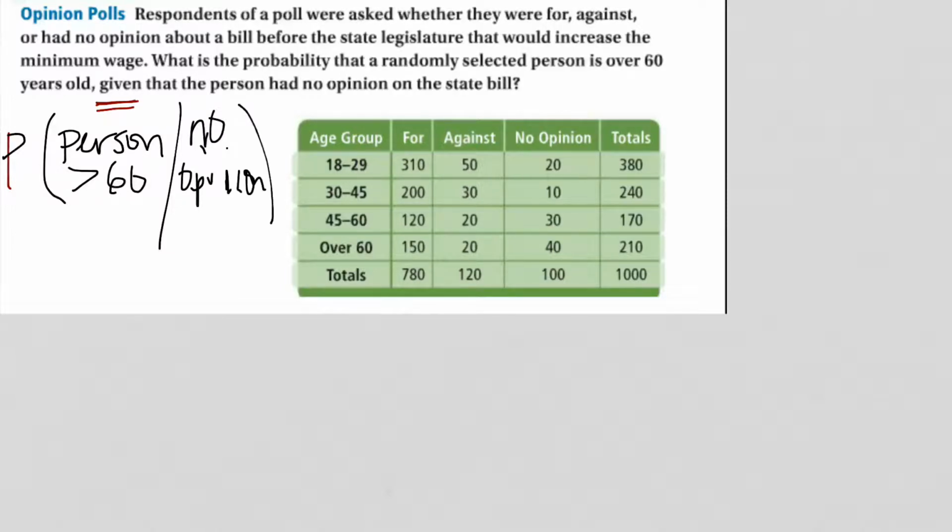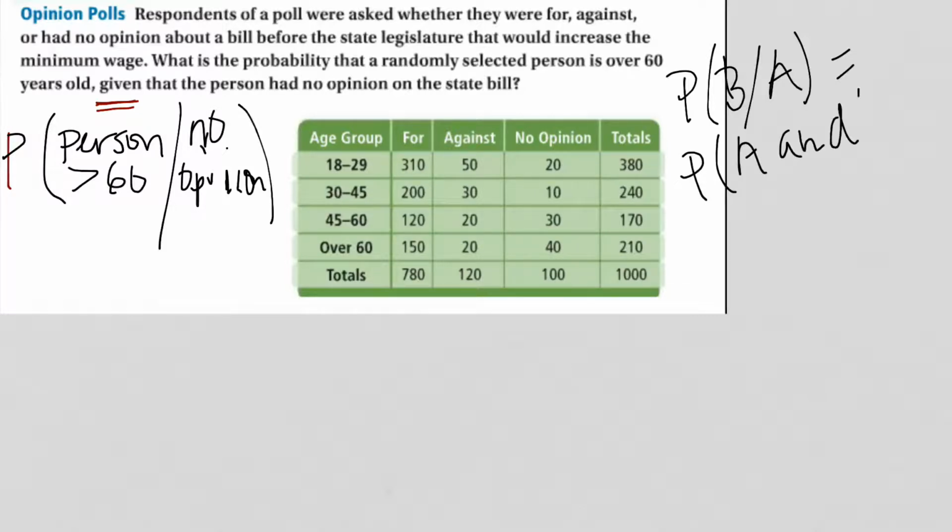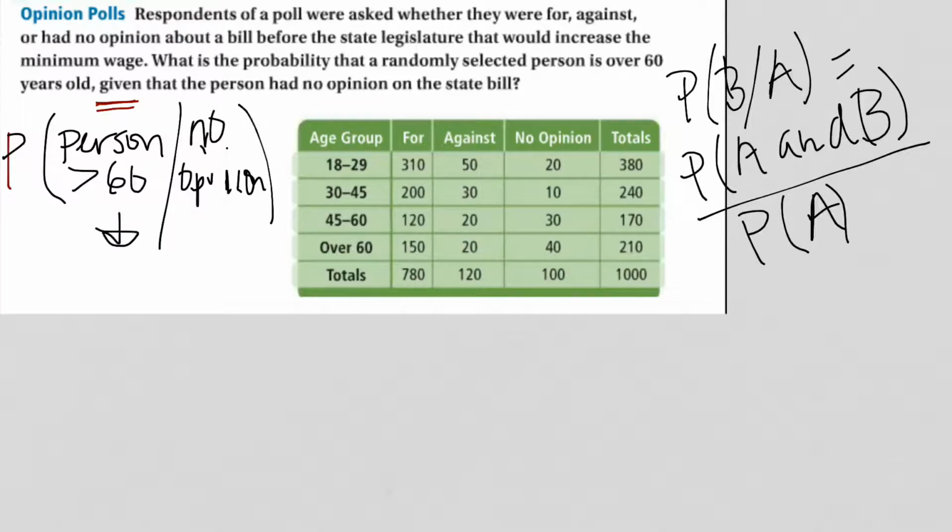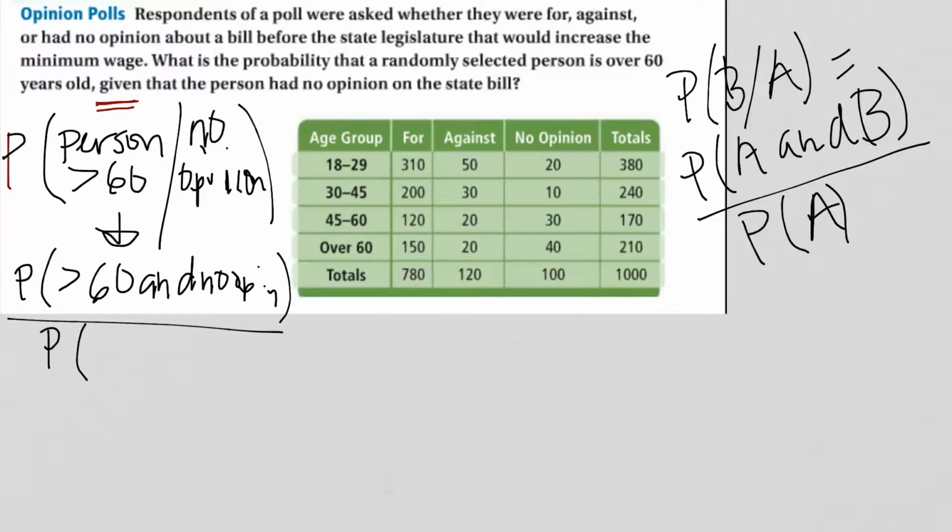Now, if I follow the formula that we got before, probability of B given A, I want to find the probability of those two things together with and, divided by the probability of what came after the given here, which is the A part. So in this question, I want to first find the probability of a person greater than 60 and no opinion, divided by the probability of how many people had no opinion about this bill. So let's take a look.